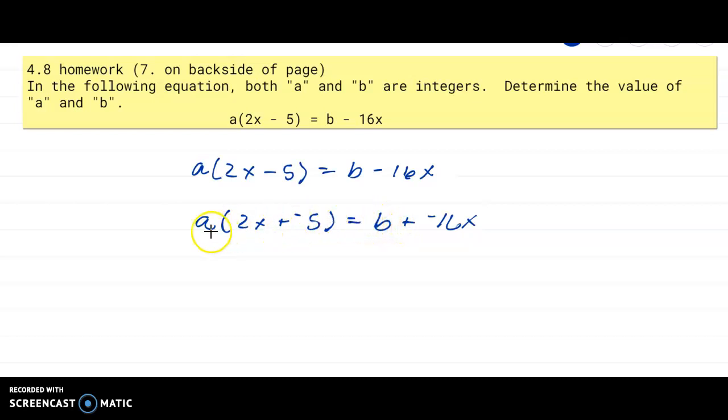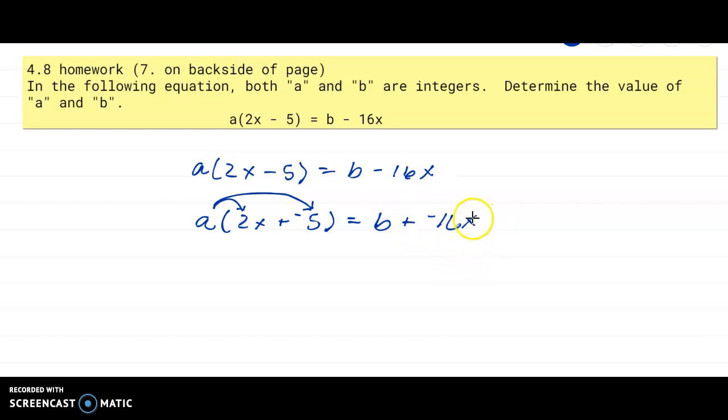If I look carefully, I know I'm going to be distributing a in. That means I'm going to be multiplying a times everything inside the parentheses, and I know that whatever this stuff is equals whatever this stuff is.